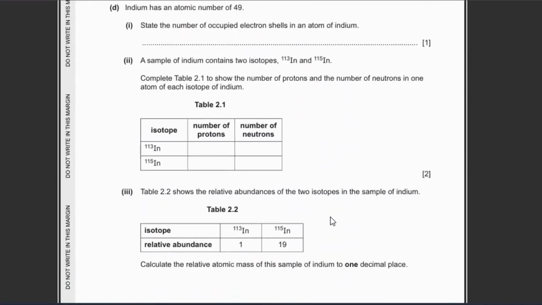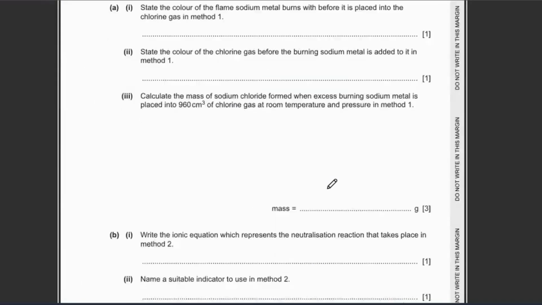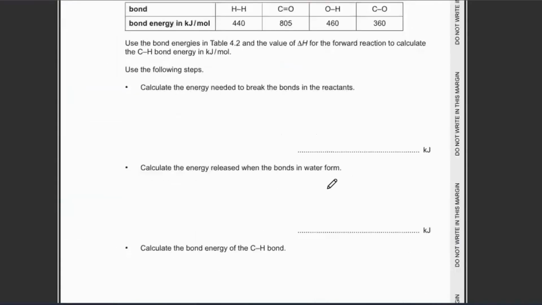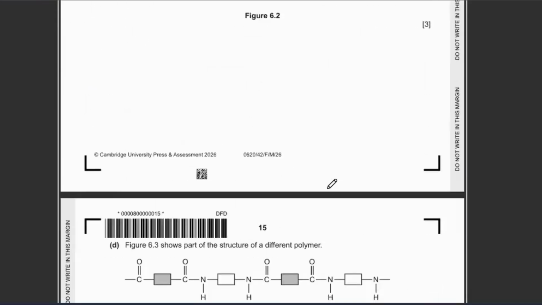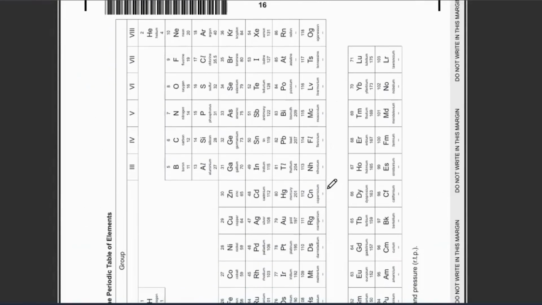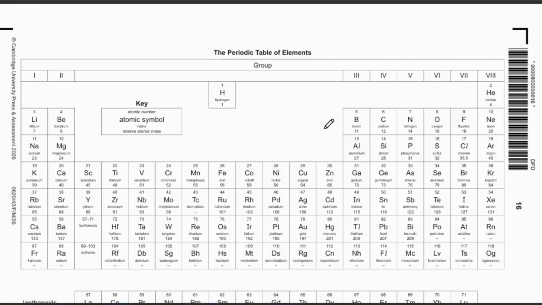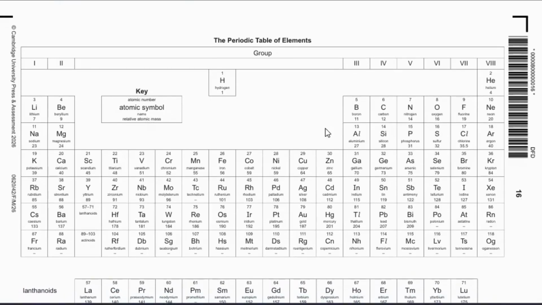Next we have indium, which has an atomic number of 49, and state the number of occupied electron shells in an atom of indium. To find the number of occupied electron shells, we have to find the period number. From the period number, we can easily find the number of electron shells. So this is the periodic table.